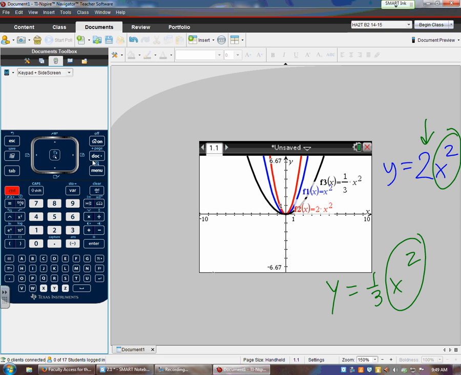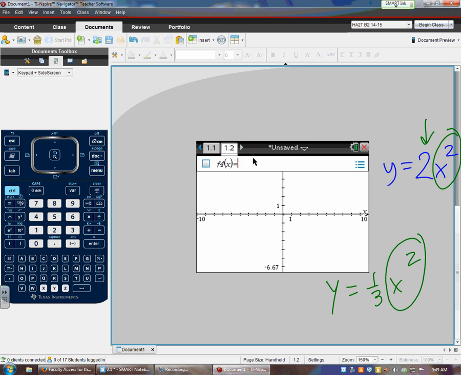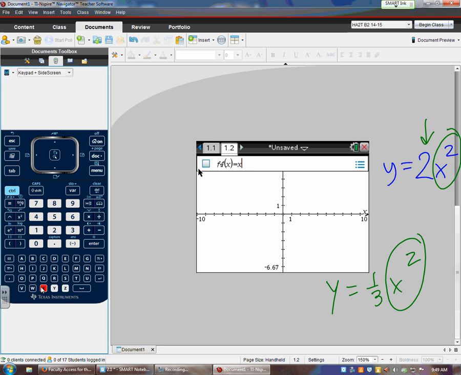I'm going to go to a new page in this document, adding a new graphs page. I'm typing in my x squared. And now I want to add x plus 3, so parentheses, x plus 3, close parentheses, and I want to square that. Has it been shifted 3 units to the left? Are we okay with this?